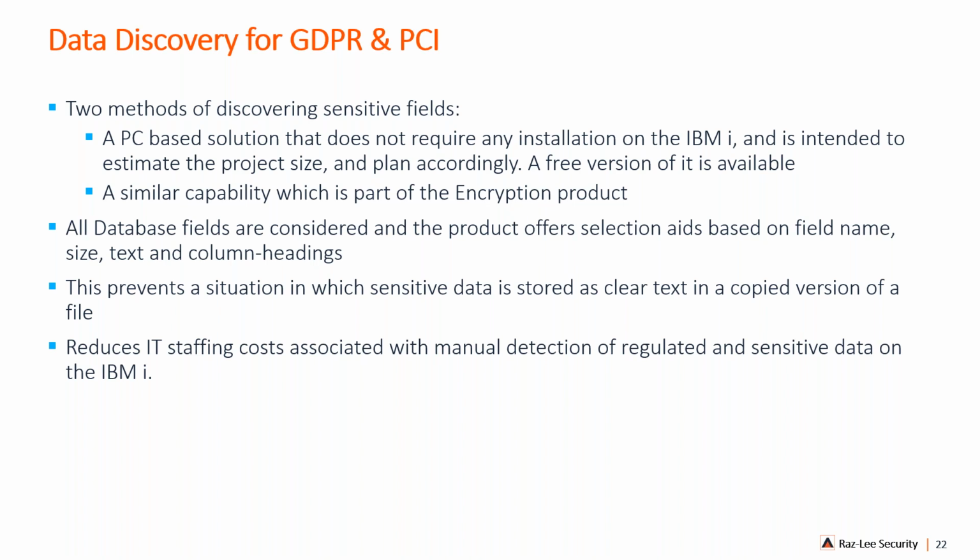One of them you can use immediately. This is a special tool which is installed only on your PC. You don't have to install anything on the IBM i, and still with this software you will get the full list of sensitive fields according to what you think is sensitive.